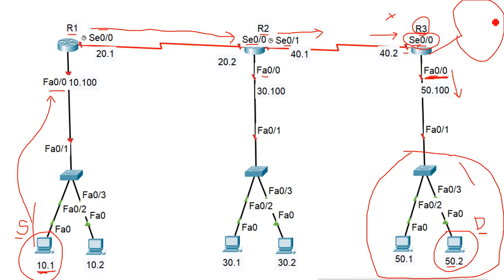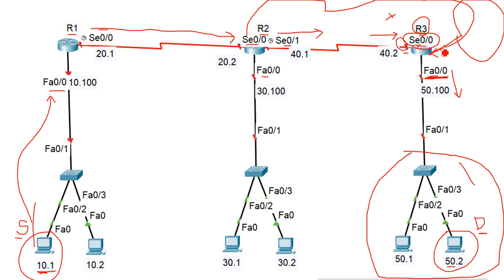Now that is not the only problem. Suppose there is another route coming from this side. Remember, we have applied it on this interface here. We have not applied it on this side's interface.